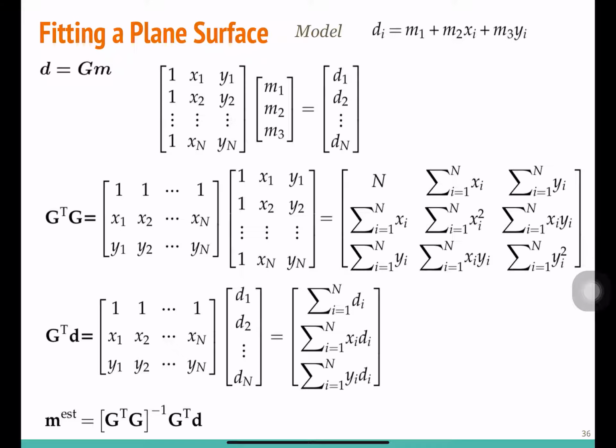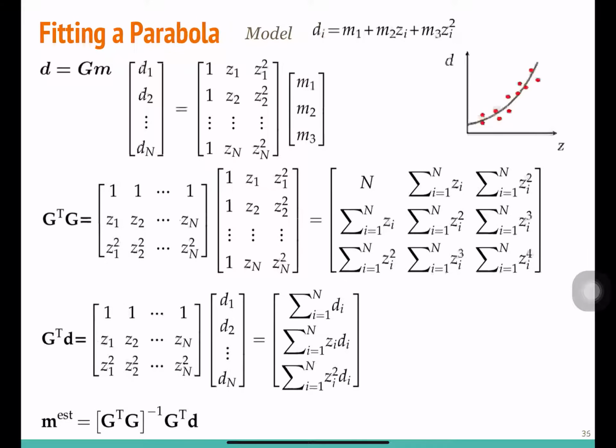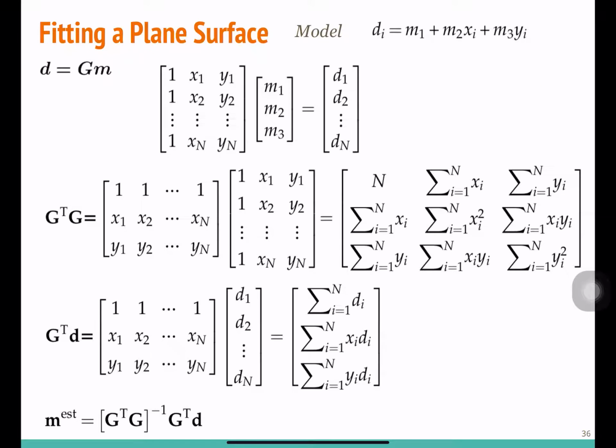So this is just another version of this. If the C square is another parameter, with x and y, so we are fitting a plane surface, it doesn't matter what you are fitting in here. You can use exactly the same expression in here to find out the estimated model parameter.